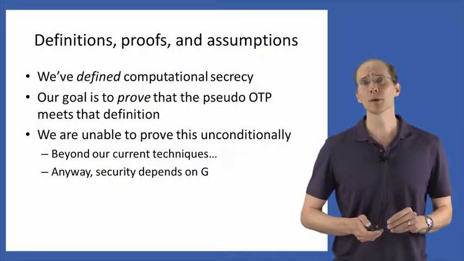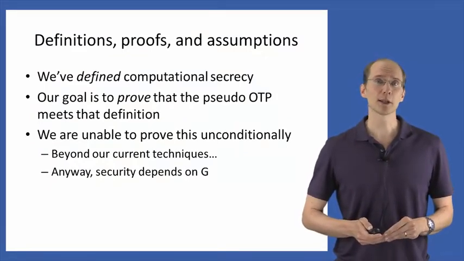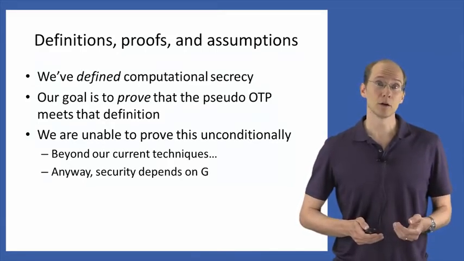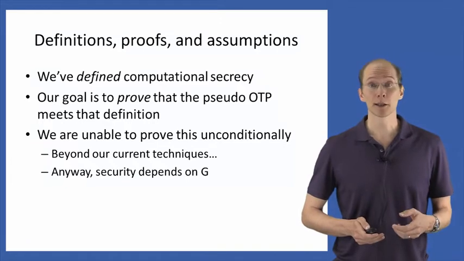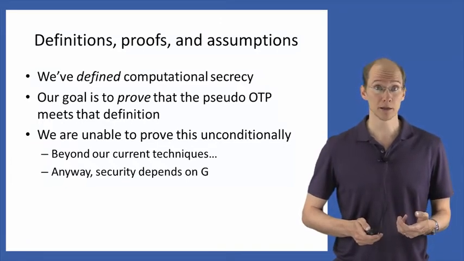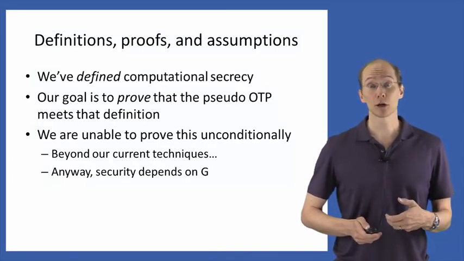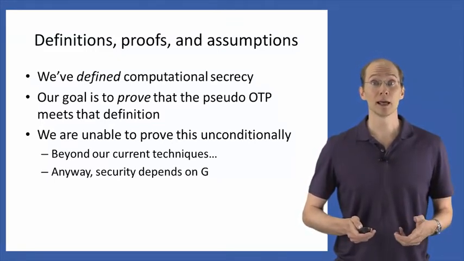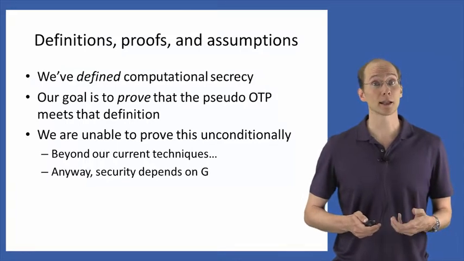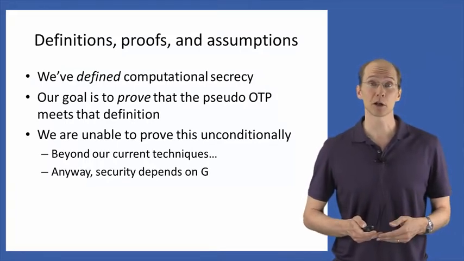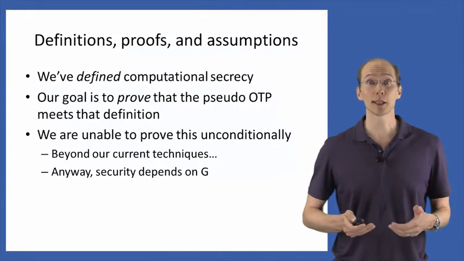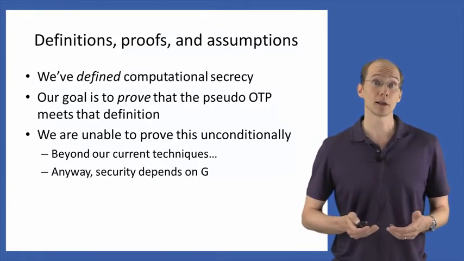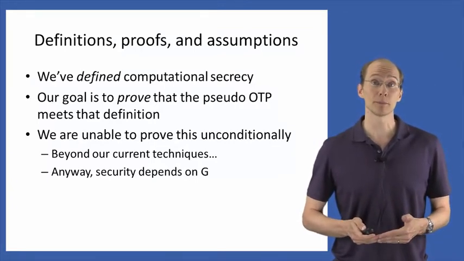There's also something a little bit more fundamental than that, which is that the pseudo one-time pad encryption scheme, as we defined it, was defined based on some underlying component G. G was a function that took a small input and produced a larger output. In the case of the pseudo one-time pad, it took as input the key that the two parties shared and expanded that into a pseudo pad that the parties then XOR with the message to encrypt and XOR with the ciphertext in order to decrypt.